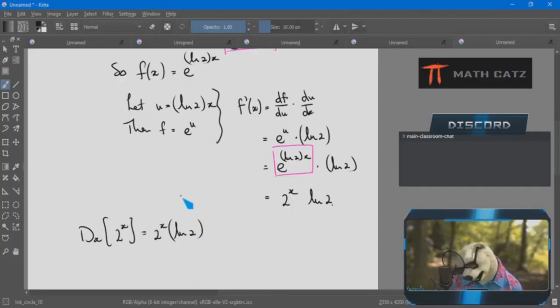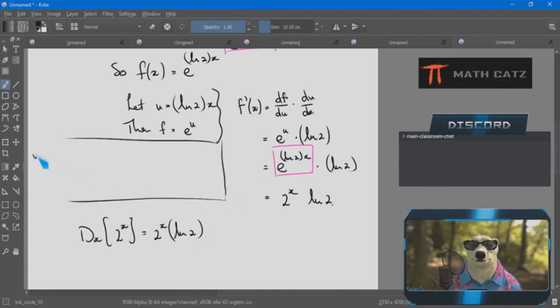Now, if you look back and you've paid attention, remember when we did the limit definition, we found the derivative and we got stuck. We got 2 to the x times the limit as h goes to 0.